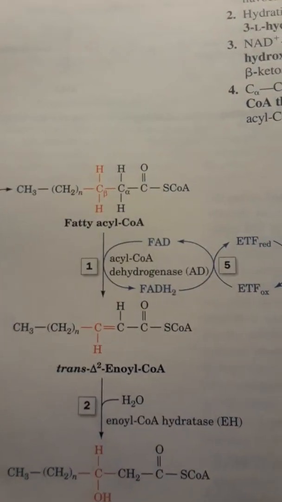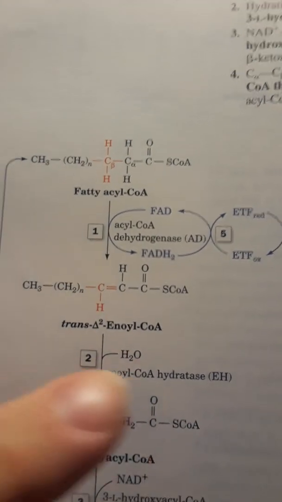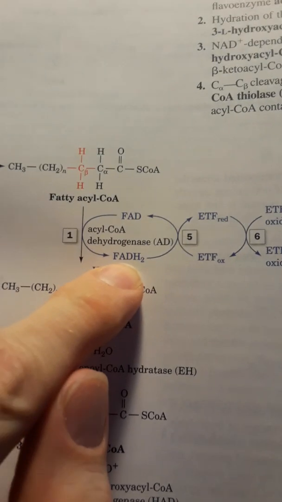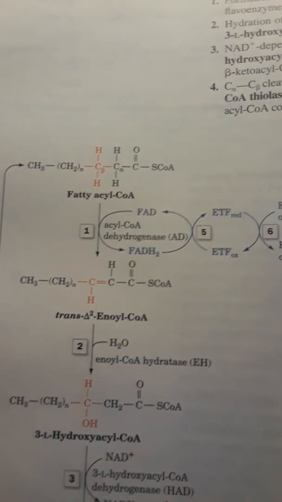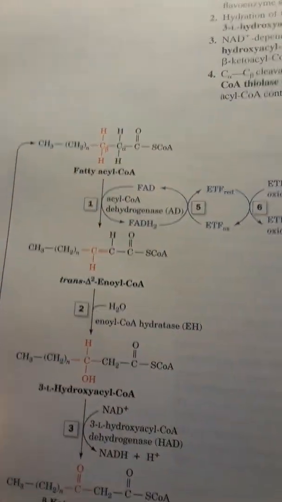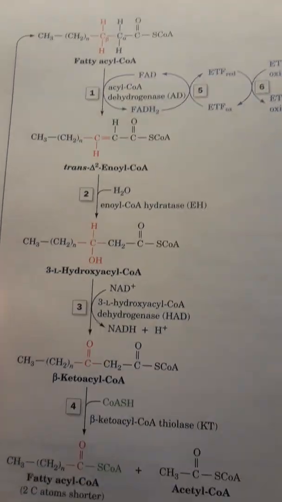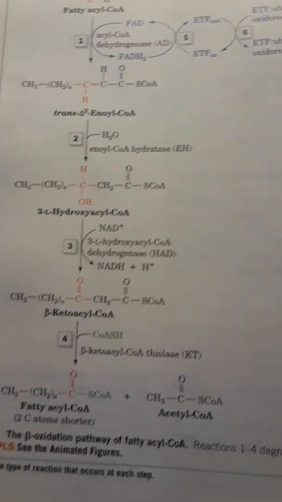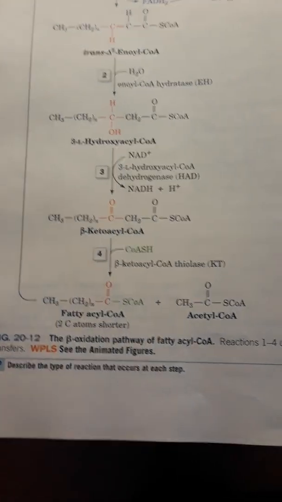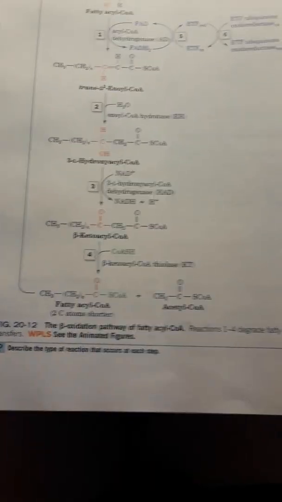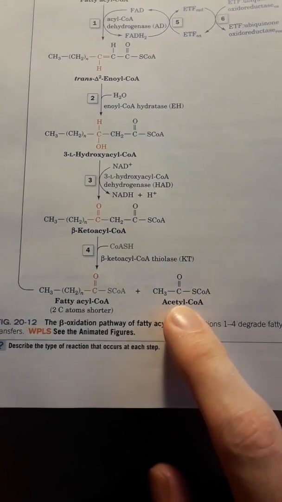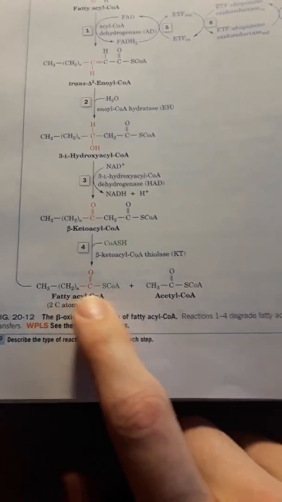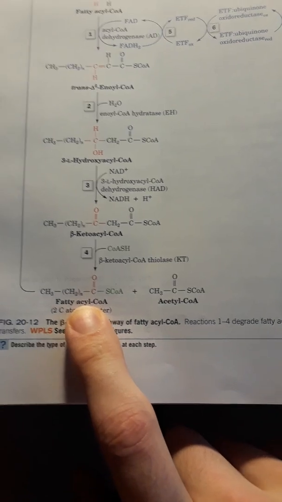And here we see a production of FADH2, as well as NADH. And then in the end, our products also yield 1 acetyl-CoA and 1 acyl-CoA.